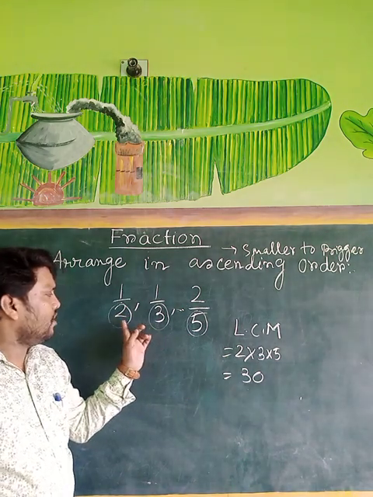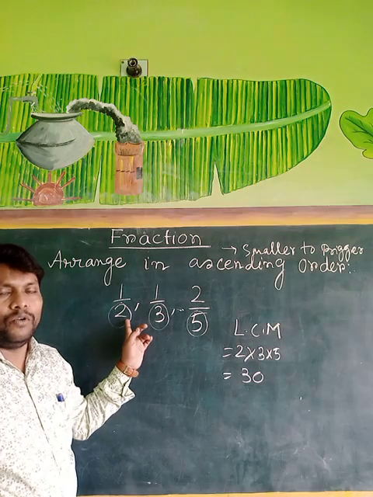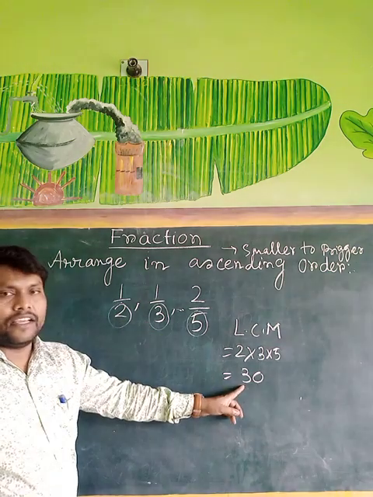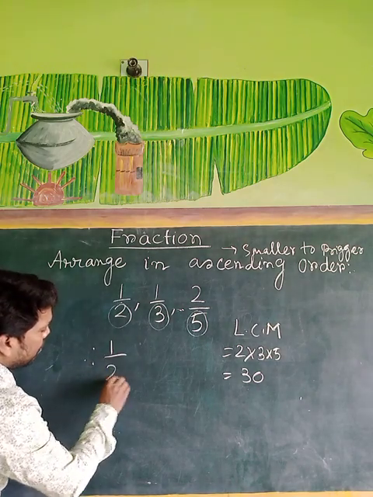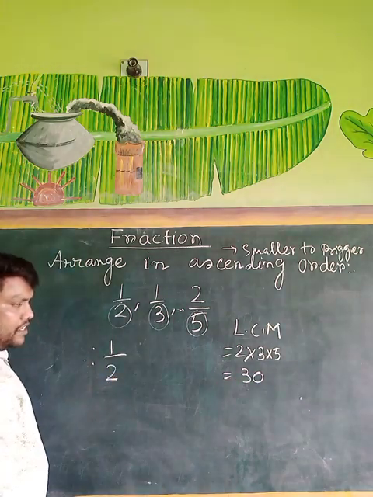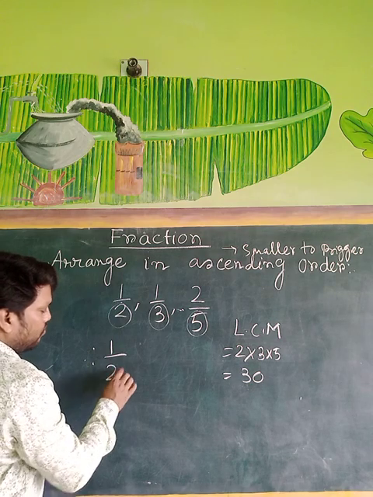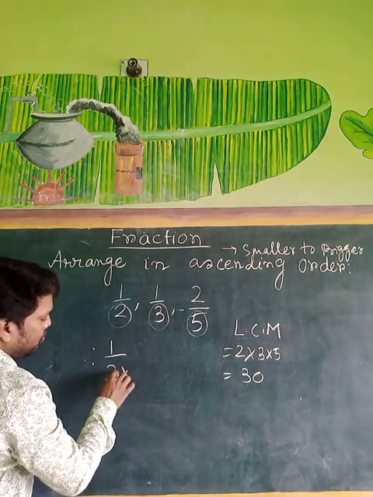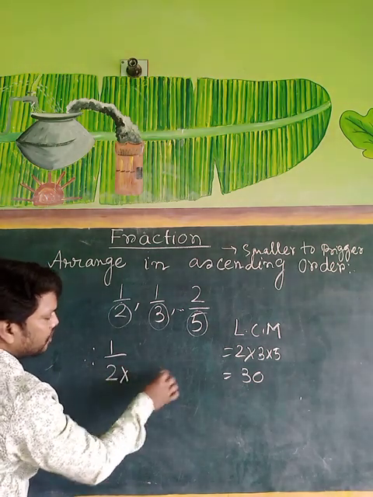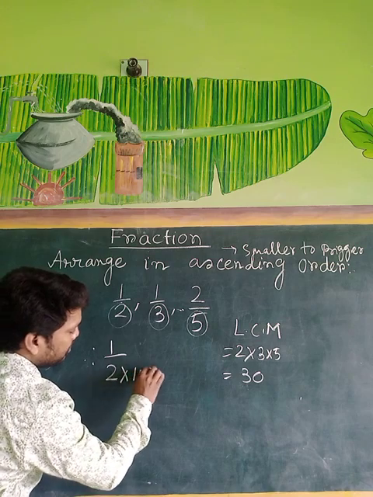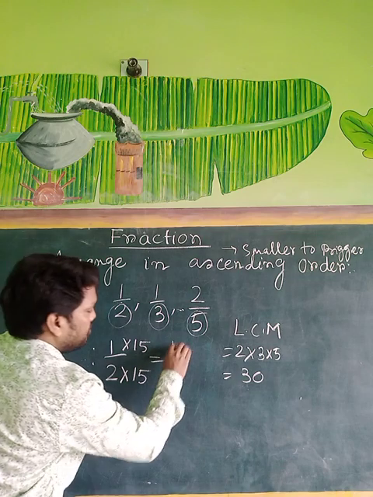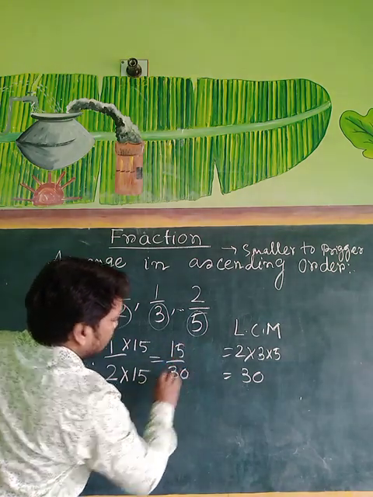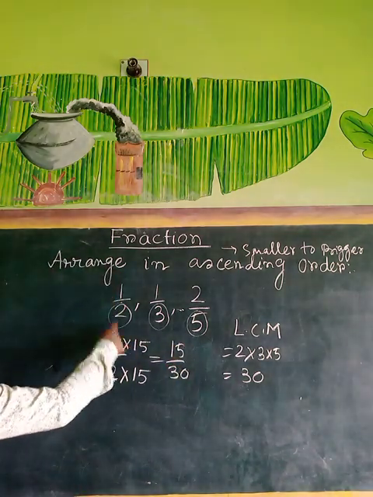Then automatically all fractions will have denominator 30. Okay. Now this is the process. Now what is the LCM? 30. Now you want to convert this denominator into 30. Multiply by 15, and also multiply the numerator by 15. So 15 divided by 30. This is the first fraction.